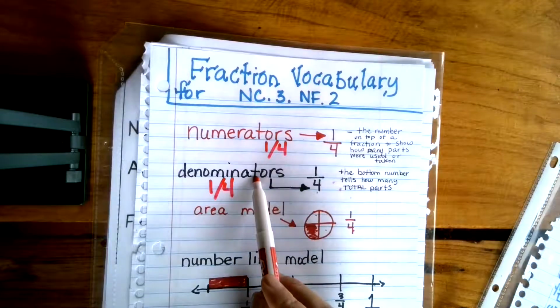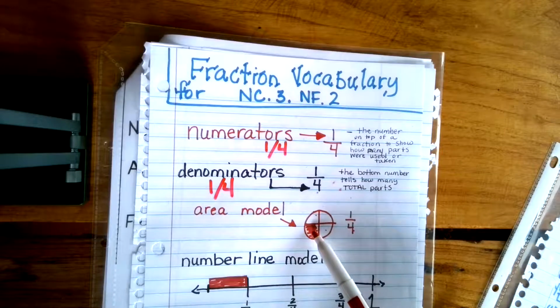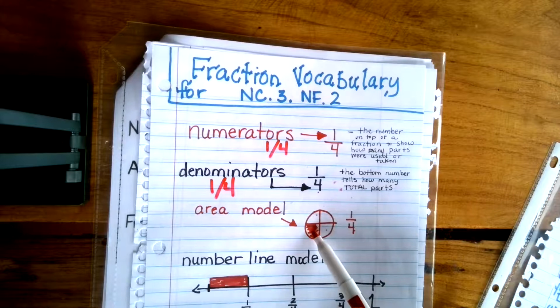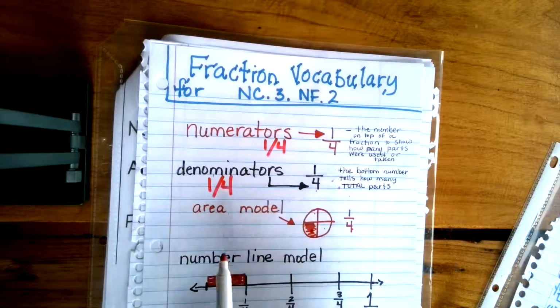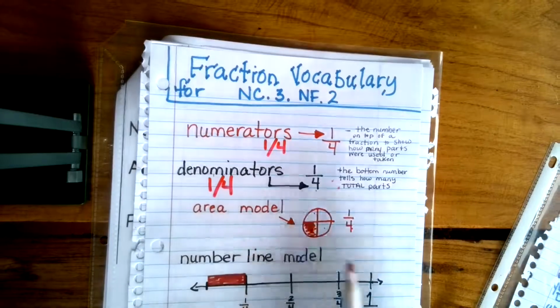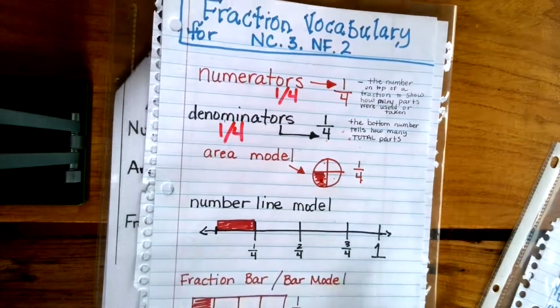That's my denominator. My numerator is 1. That's one part of the whole. I gave one piece to my friend. Okay, so vocabulary words are numerators, denominators, area model, number line model, and fraction bar model.